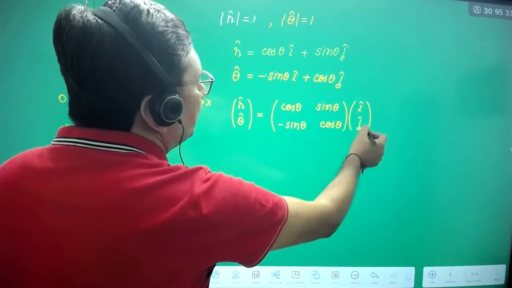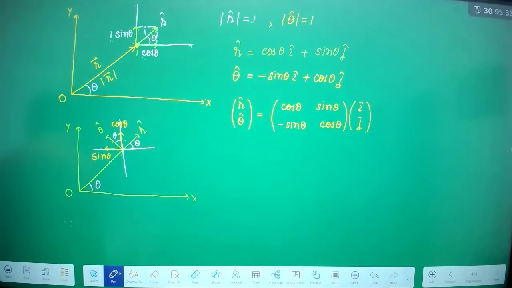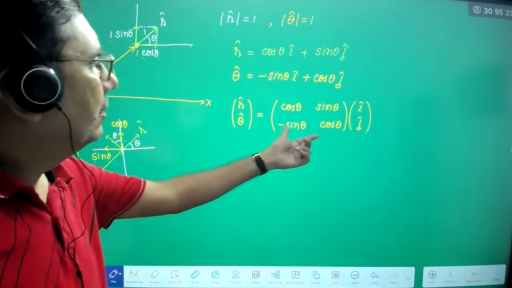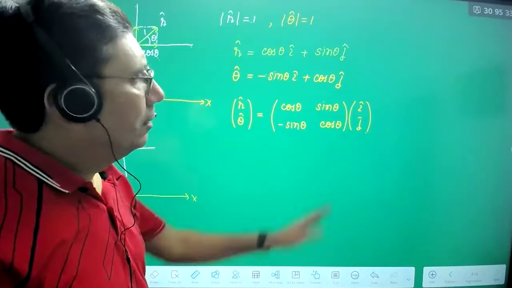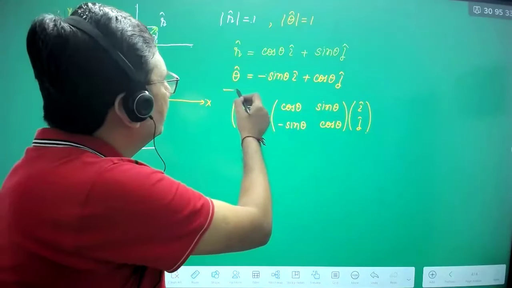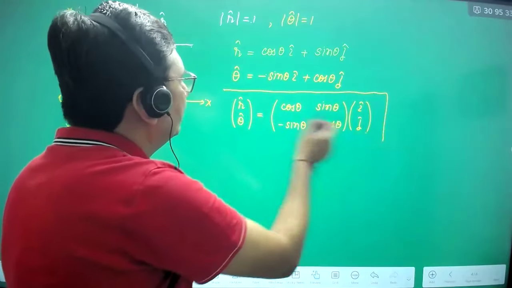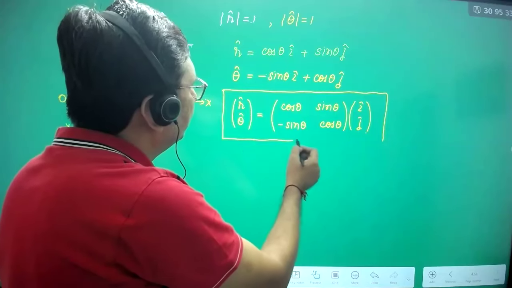So this transformation is represented by the rotational transformation. Okay? So what is this? It is the rotational matrix. If you remember this, recall it, this is the rotational matrix. So basically this is the transformation equation from the i cap j cap axis system, and you can transform to the r cap theta cap system.